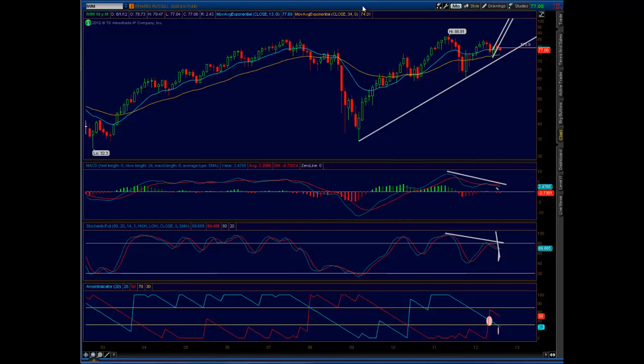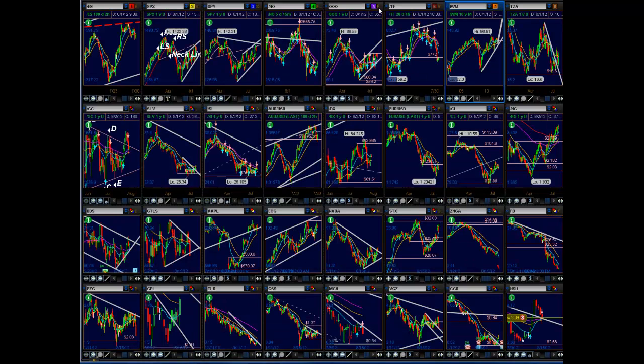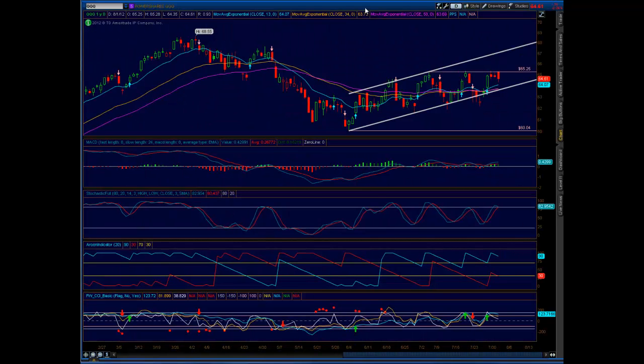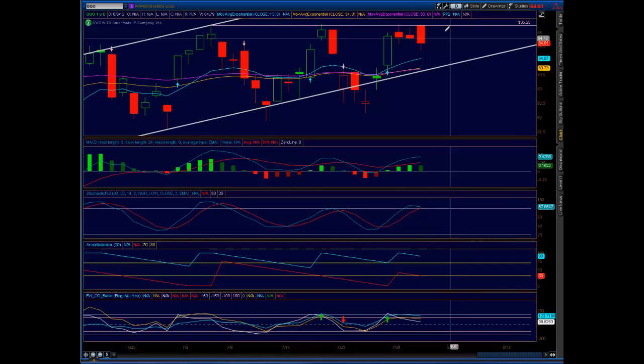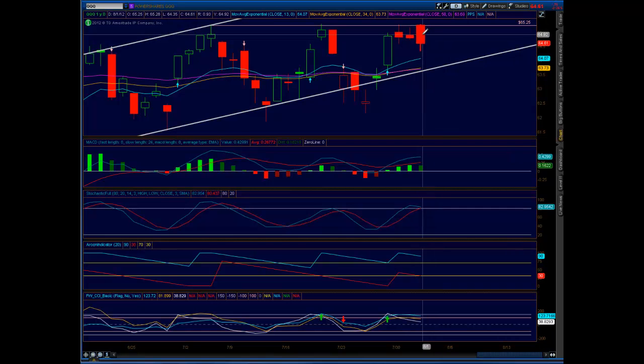The next one that I wanted to look at is the QQQ, which follows the Nasdaq. Here in the QQQ, you see that we've had almost a triple top, where today was an outside bearish candle or an engulfing pattern, which took out the highs and lows from the day before.